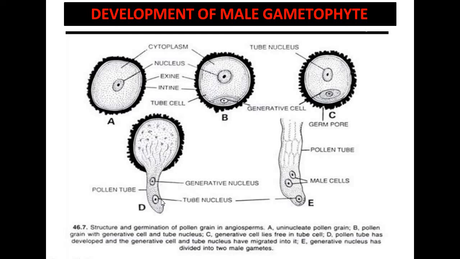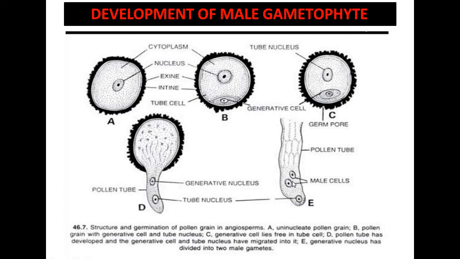And finally, you can see the generative cell is going to be divided into two by the process of mitosis. We know that in mitosis, from one mother cell, two daughter cells are produced. So this generative cell will divide into two male cells. Actually, these two male cells are nothing, they are male gametes.